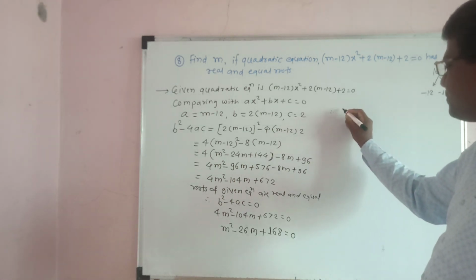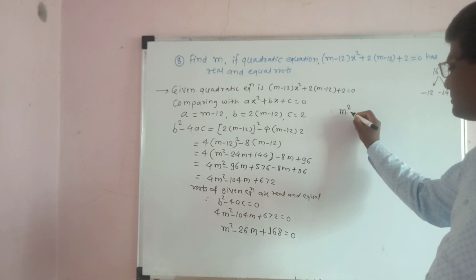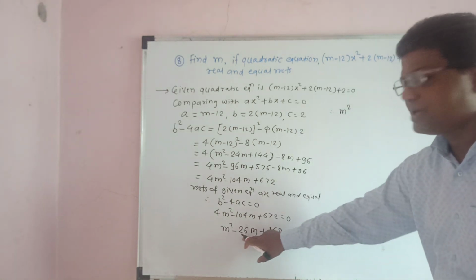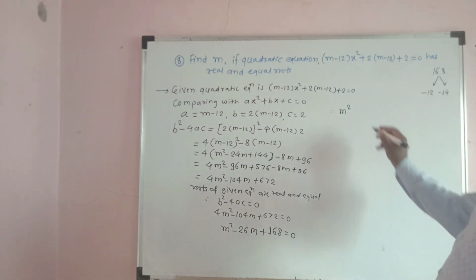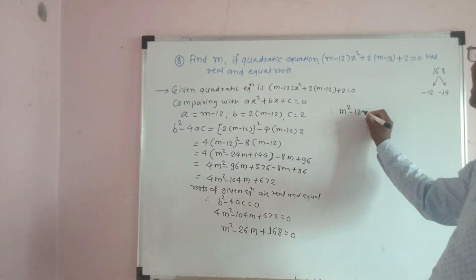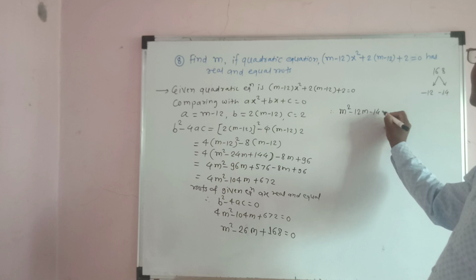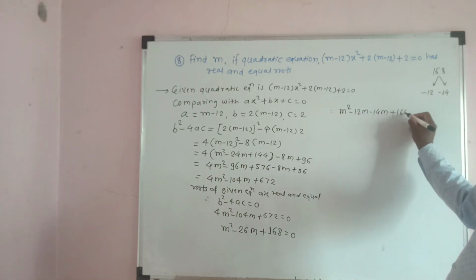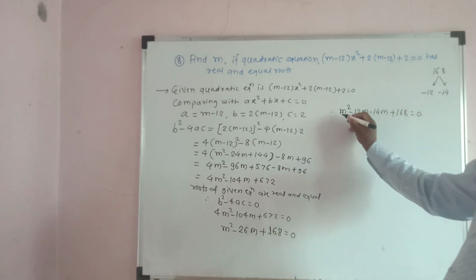Therefore, we write this equation as m² − 12m − 14m + 168 = 0.